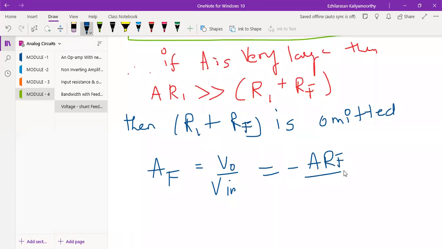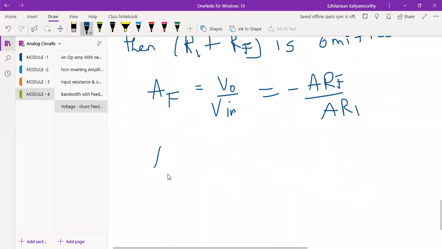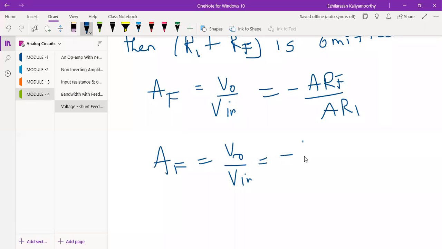What is the denominator? I will get only AR1. So AF equal to Vo by Vin, the A will get cancelled, then minus RF by R1.